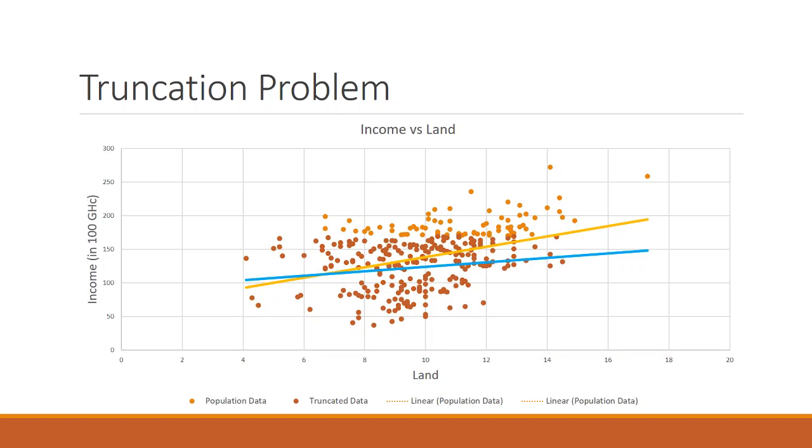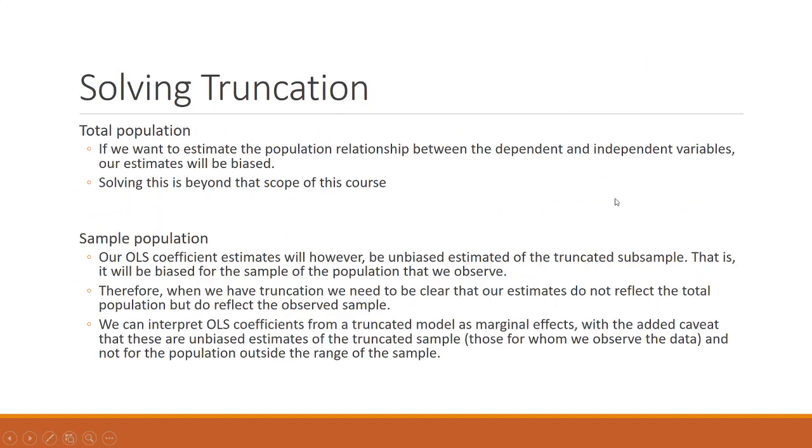We just can't say that they're unbiased for the full population because we're not representing the full population due to the truncation. So we just have to be careful that if we have a truncated dependent variable and we run an ordinary least squares regression, our estimates are biased estimates of the population, but as long as the other ordinary least squares assumptions hold, they will be unbiased estimates of that truncated subsample.